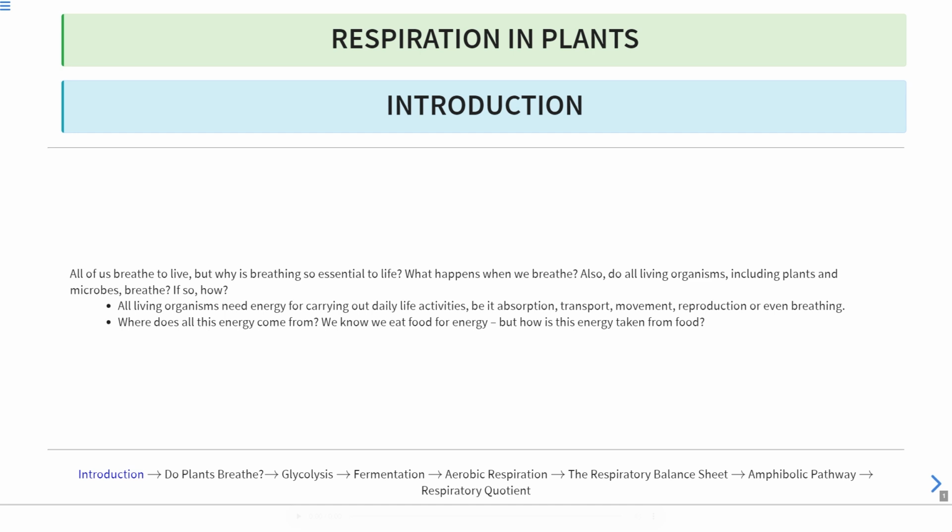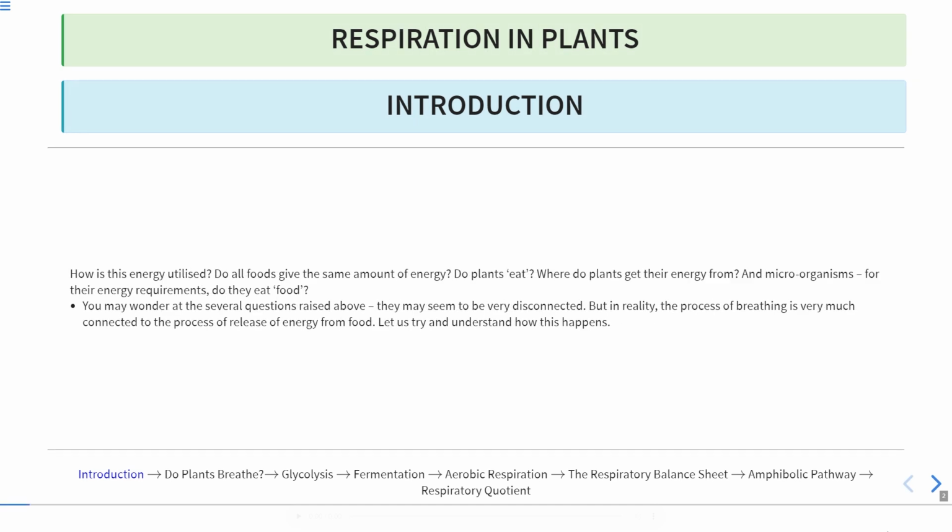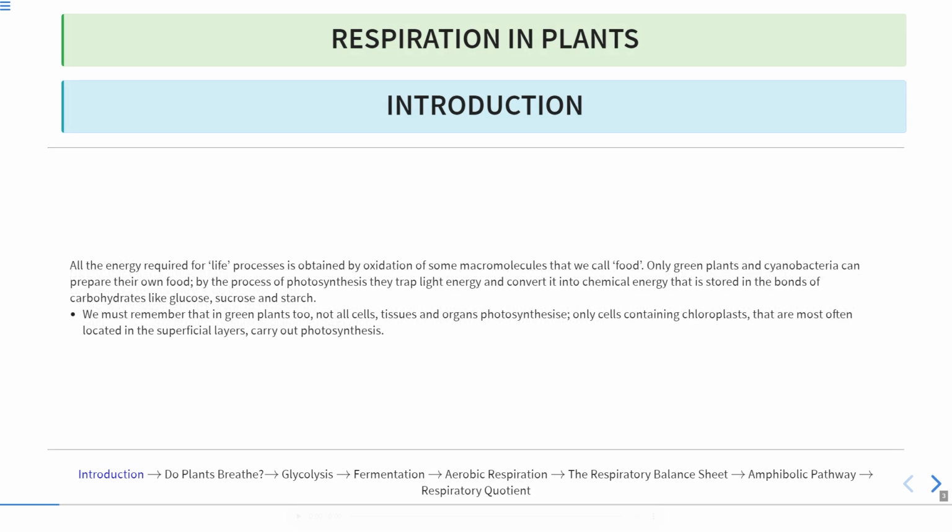Now the nutrient which has been absorbed and reached the cells after the assimilation process gets broken down in the presence of oxygen, and it releases the energy. Now we will see how this occurs in the case of plants.